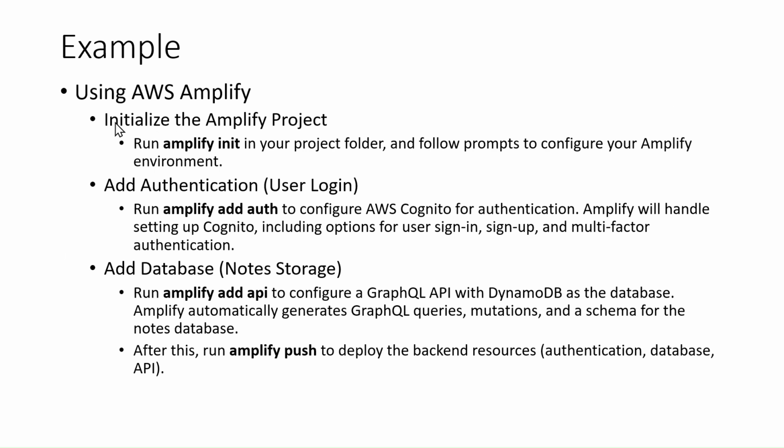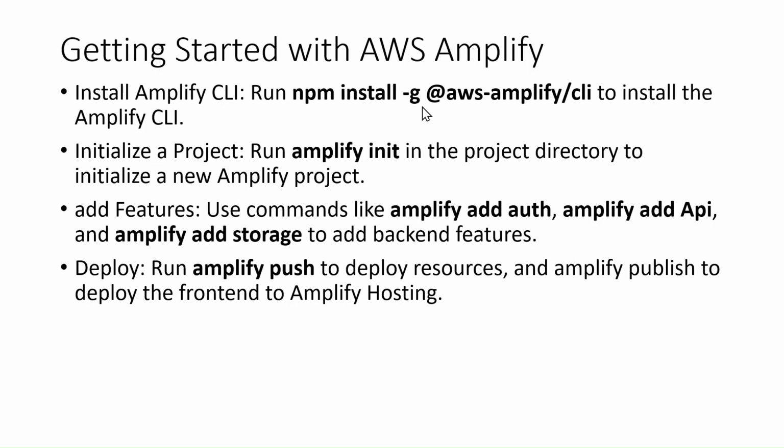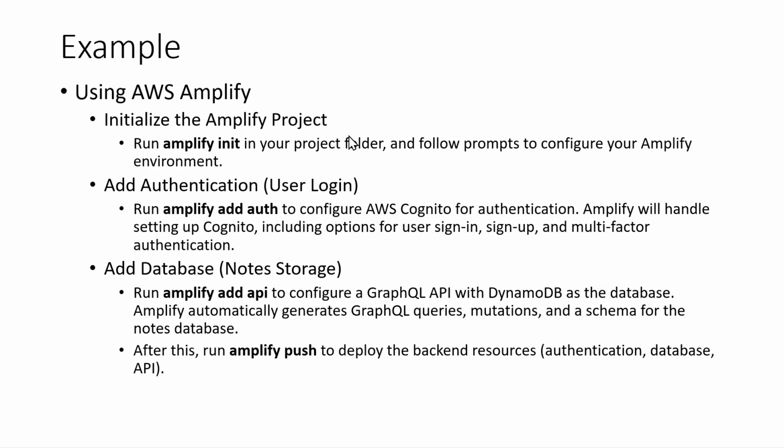So what exactly does Amplify handle? Using AWS Amplify, for initializing the Amplify project in your local system, in your prompt, before that we need to run npm install -g @aws-amplify/cli, that is the command line interface. Thereafter, you just run amplify init in your project folder, and this will prompt the configuration of your Amplify environment.